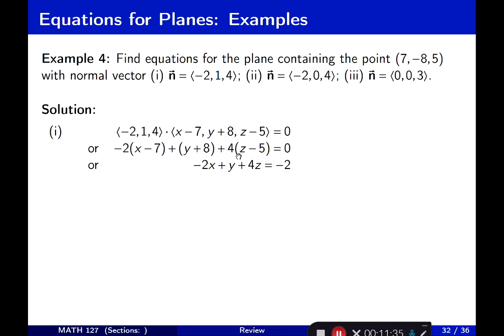And then you can go a little further and distribute that negative 2 inside. You get negative 2x plus 14. And here you don't have to distribute the 1. Here you distribute 4. You solve and you put all the x, y, z on one side and the constant on the other side.